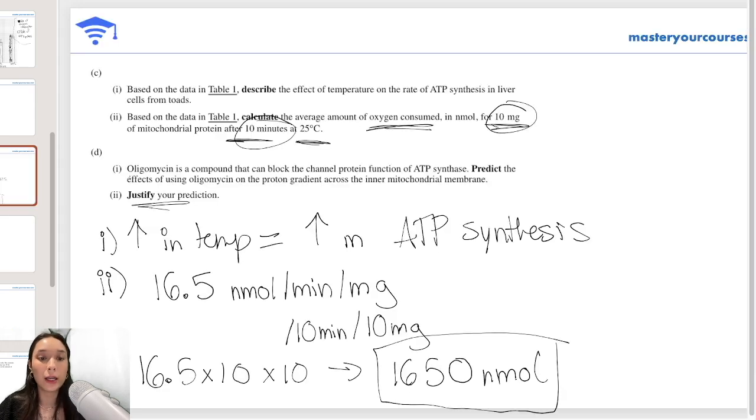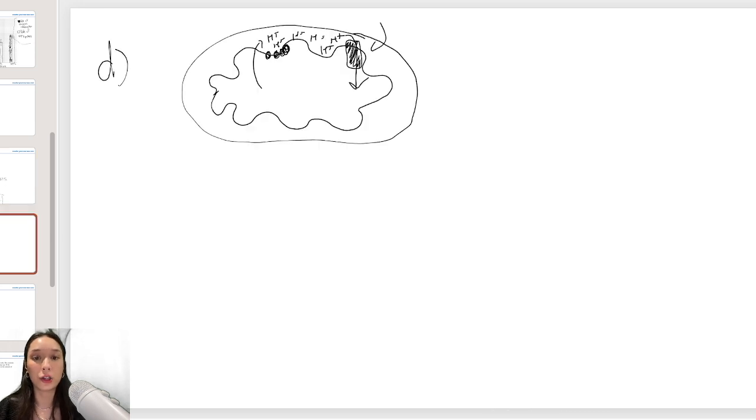However, they're saying that oligomycin is blocking ATP synthase from working. So they're asking you what would happen to the proton gradient if this was not functioning. So this is not functioning because of oligomycin. If you had oligomycin, you would basically have all the H plus build up in that inner membrane space and it wouldn't be able to come back through. So there's probably a couple different things that you can say for this.